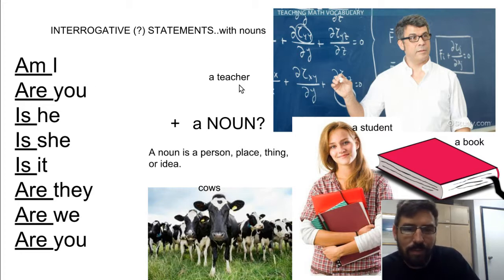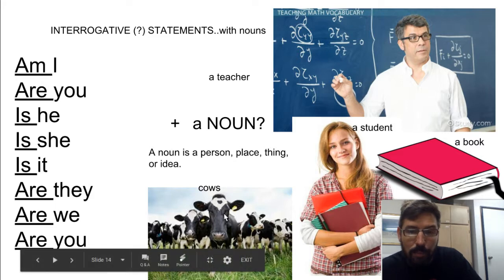Are you a teacher? Right? You might ask me that. Or I might look at this animal right here, just this one, and I might say, is it? Now, if I'm only talking about one, I'm going to say, is it a cow? No S. Is it a cow? Is it a horse? Or is it a cow?